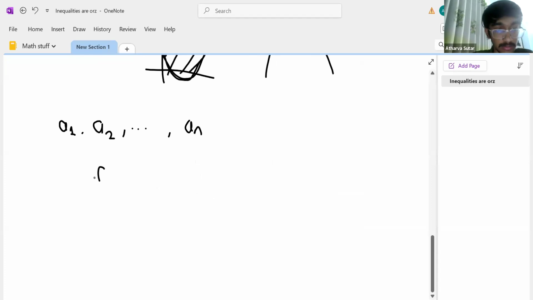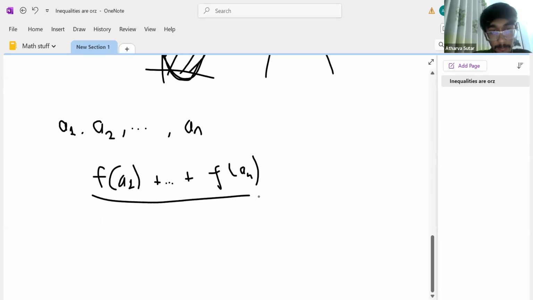The first one is (f of a1 plus and so on plus f of an) upon n. And the other term is f of ((a1 plus a2 plus and so on plus an) over n).